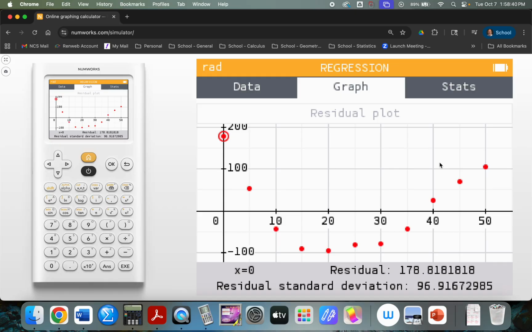So that means that this is really not appropriate. Okay, so if you haven't already written that down on your paper, write down, because the residual plot has a definite curve to it, when it should be just random scatter, a linear regression is not appropriate.